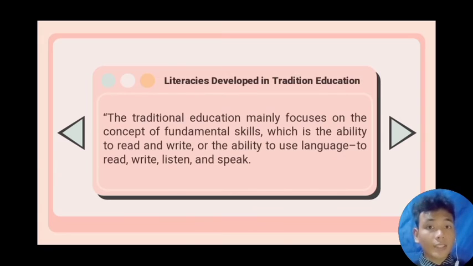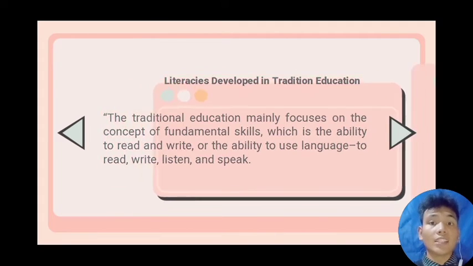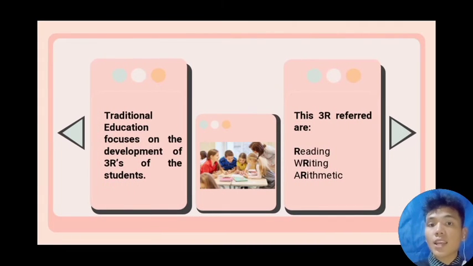When it comes to literacies developed, traditional education mainly focuses on the concept of fundamental skills, which is the ability to read and write, or the ability to use language, to read, write, listen, and speak. Others also said that traditional education utilizes the 3 R's in their focus of education, which are writing, reading, and arithmetic.